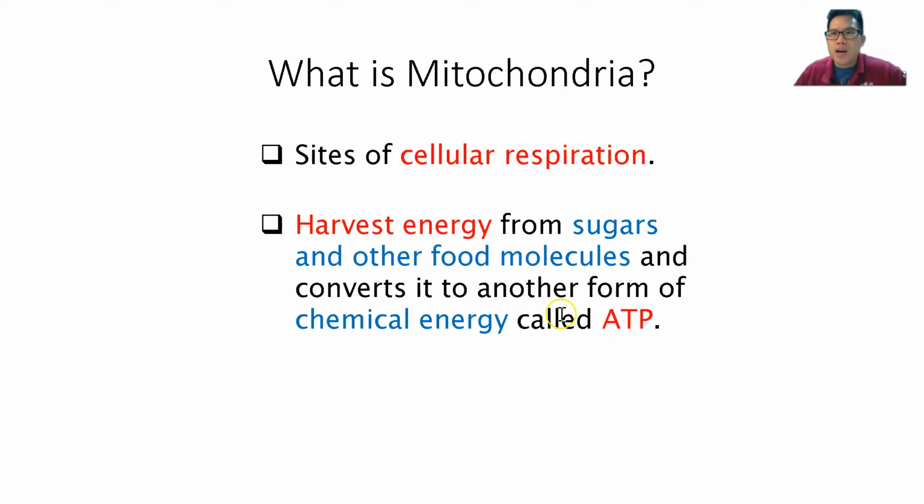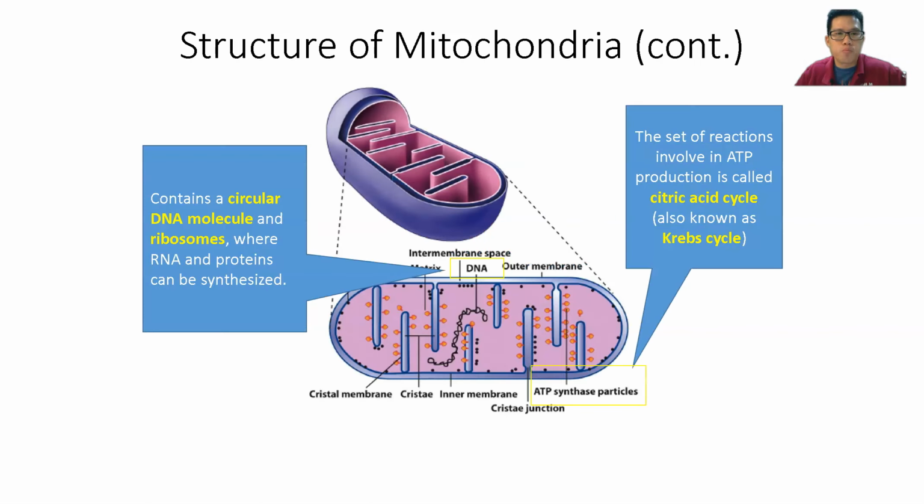The energy can come from a lot of components. You will learn more from food biochemistry. I'm not going to talk more about this, but ultimately, all these components from the food, especially the carbohydrate, will be converted to sugar. The sugar will enter into the mitochondria and be converted to a chemical energy called ATP. So this is the structural component of mitochondria.